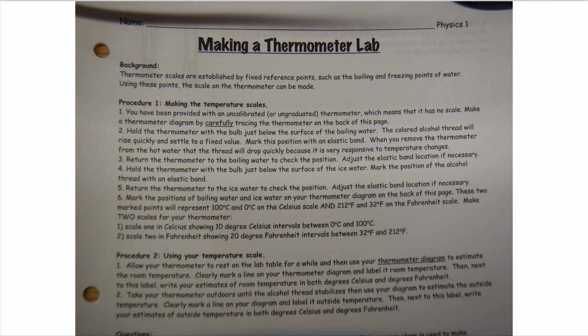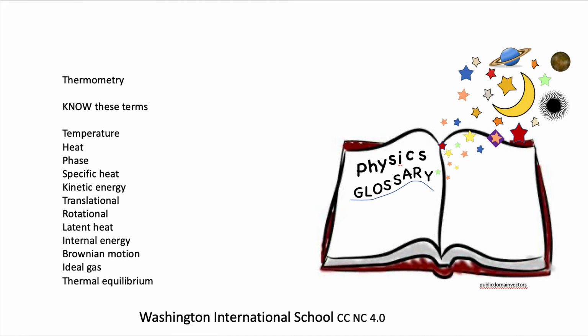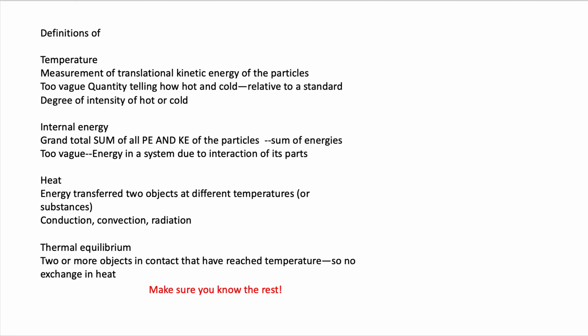And then a summary of the lab sheets, and then the physics glossary and some of the words, but you can add to the glossary in your own words to make sure that you know the rest.